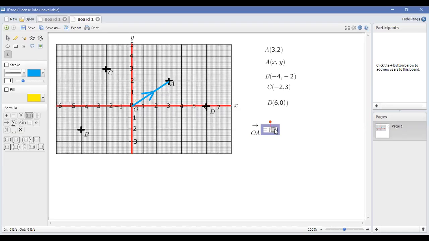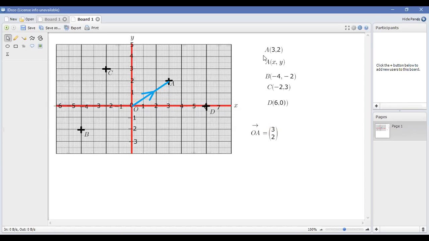And then 2. All right, so I want you guys to notice that the position vector of this point is OA, which is 3 over 2, right? Yeah, this is the point, and this is the vector.